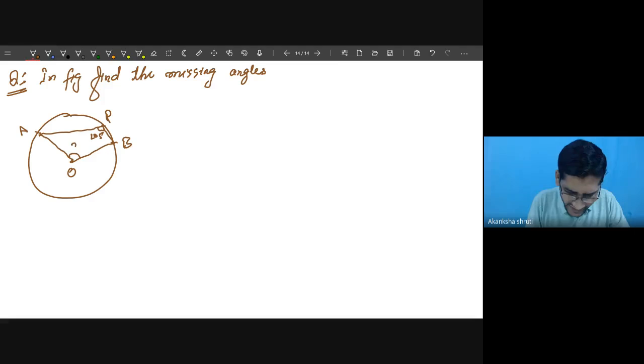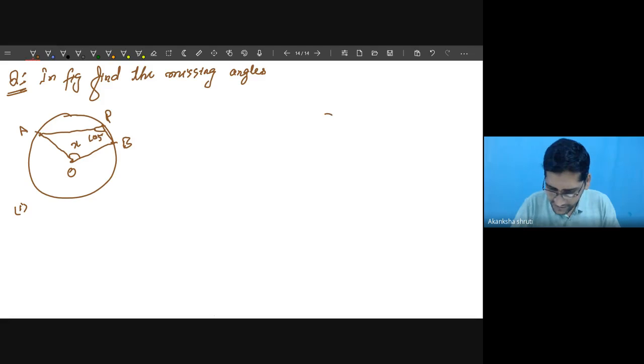What is this angle X at the center? Students, are you getting it? This we need to calculate. This angle is your 105. In the first case, you have to calculate this one.